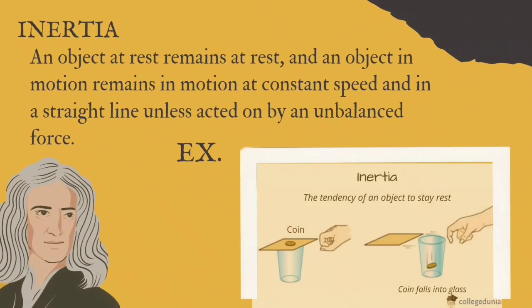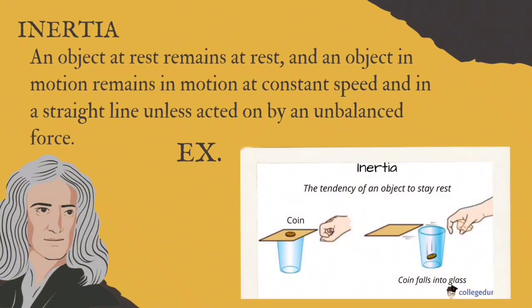I've given an example of inertia: a coin on top of a glass. The example involving a coin on a glass demonstrates the concept of inertia. When you place a coin on top of a glass and swiftly flick the card out from underneath, the coin falls into the glass without being disturbed.